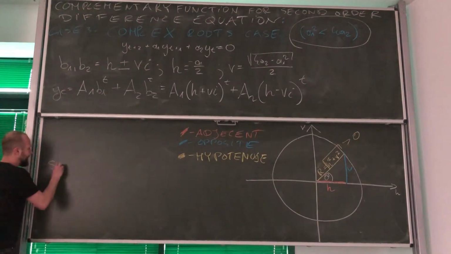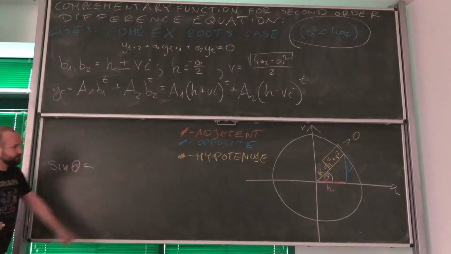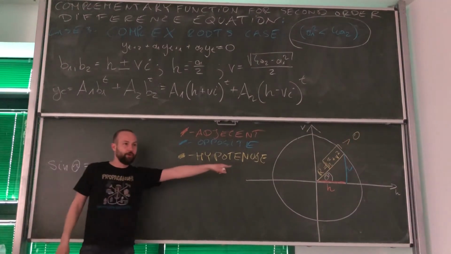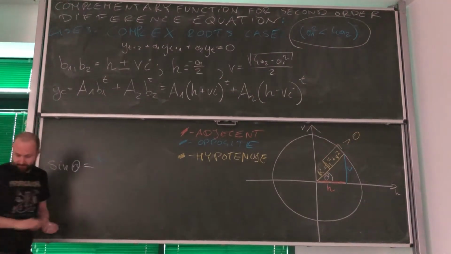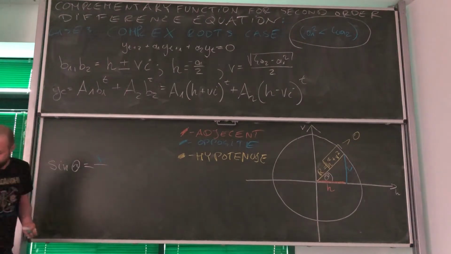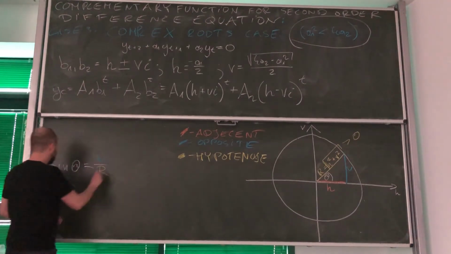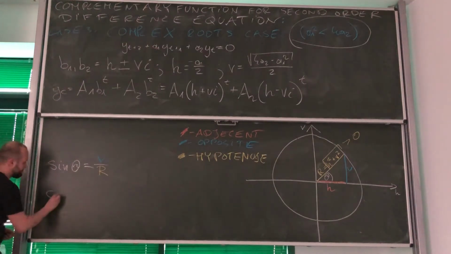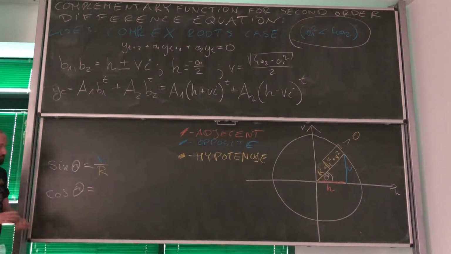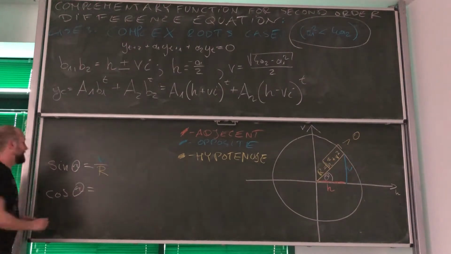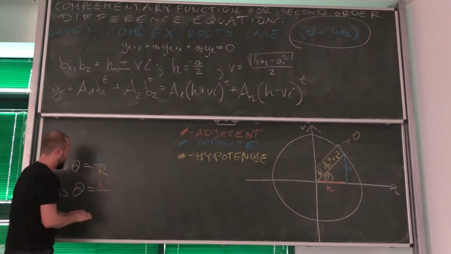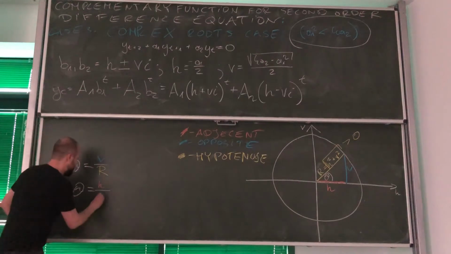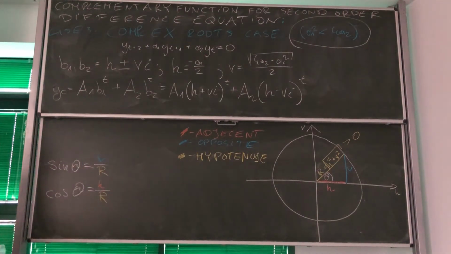First is that sine theta is simply equal to v over r, right? And cosine theta is equal to h over r.